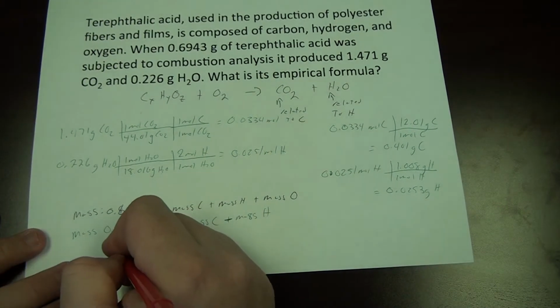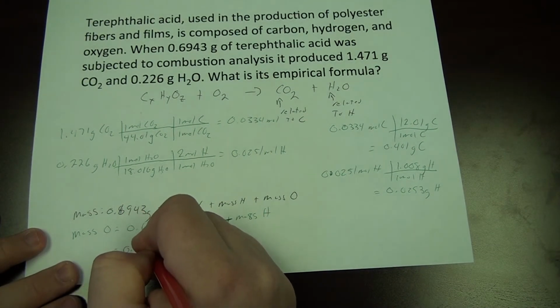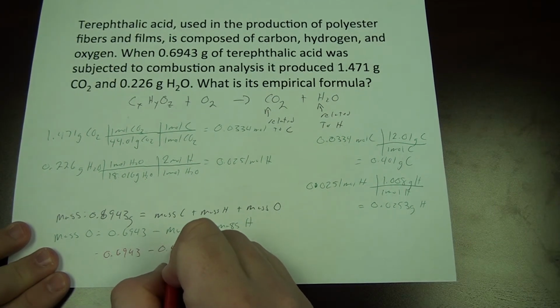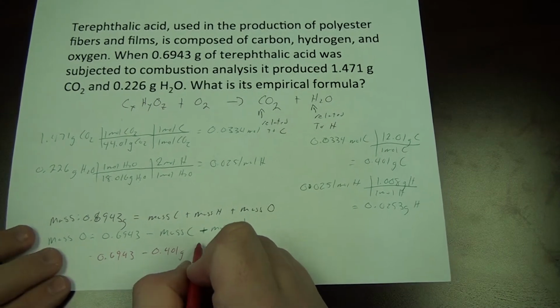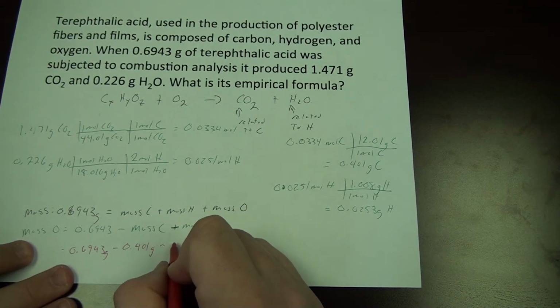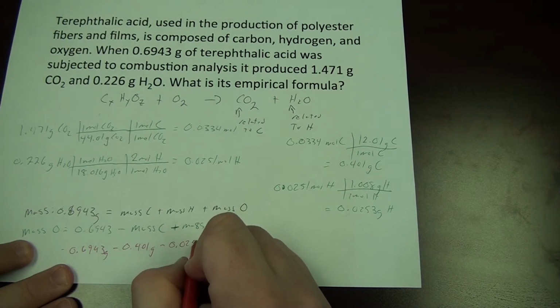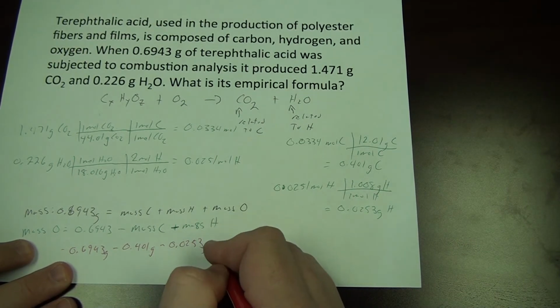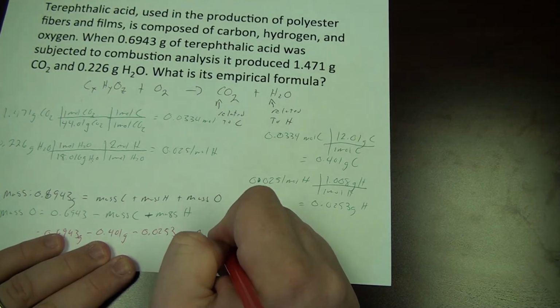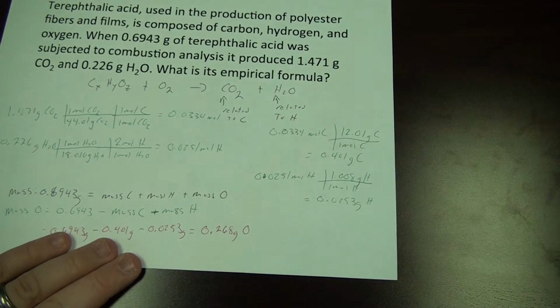Right? So this is going to equal 0.6943 minus 0.401 grams minus the 0.0253 grams, which gives us a mass of oxygen of 0.268 grams.